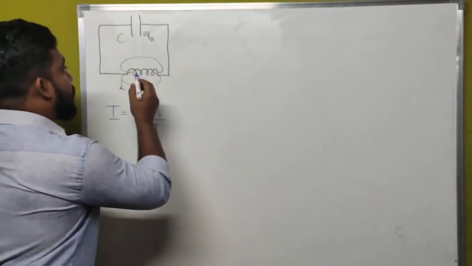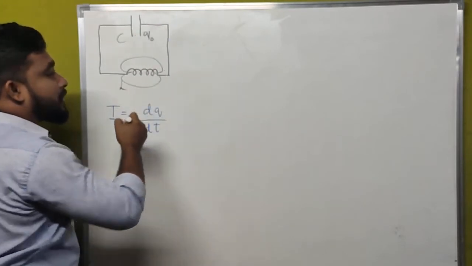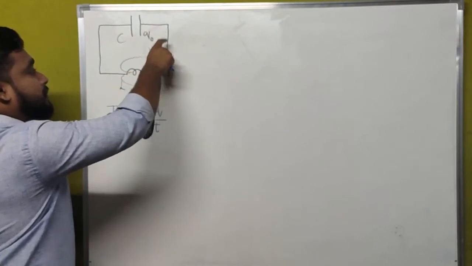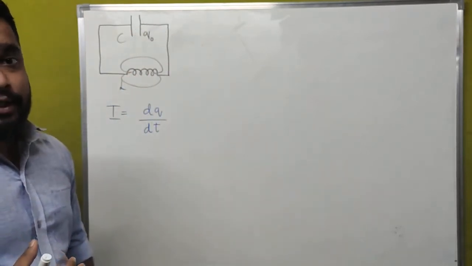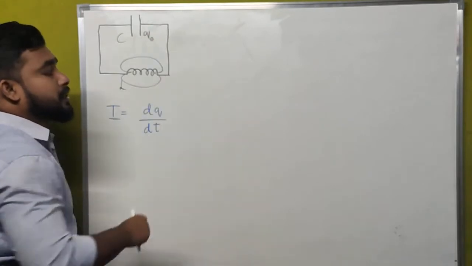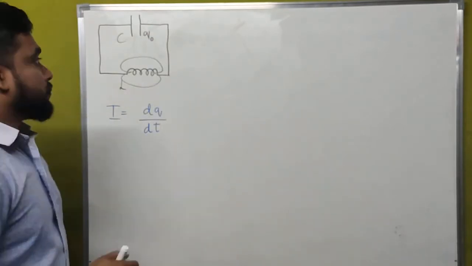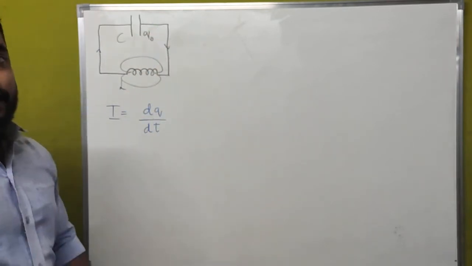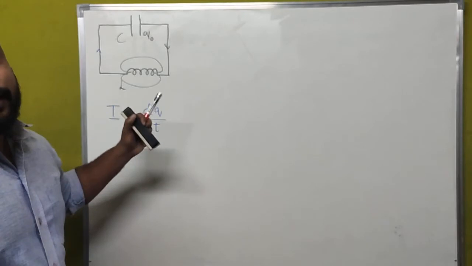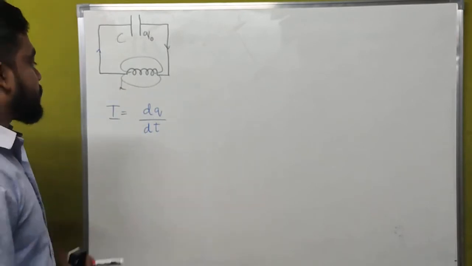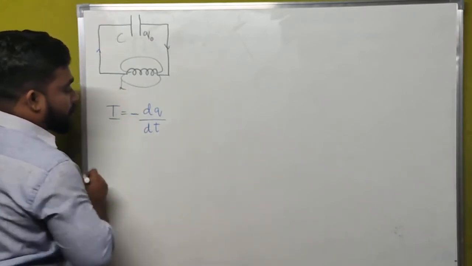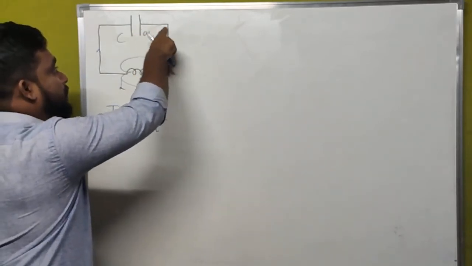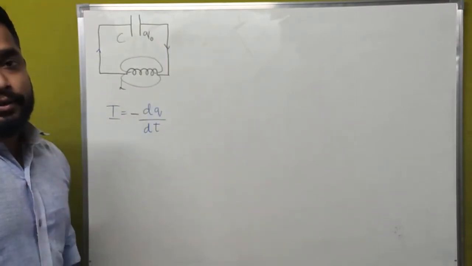But here the charge is decreasing while the current is increasing. Inside the capacitor, the charges are going to decrease, which means the current is increasing in this circuit. Therefore, I am going to write a negative symbol here. This means the charge is decreasing and the current is increasing.